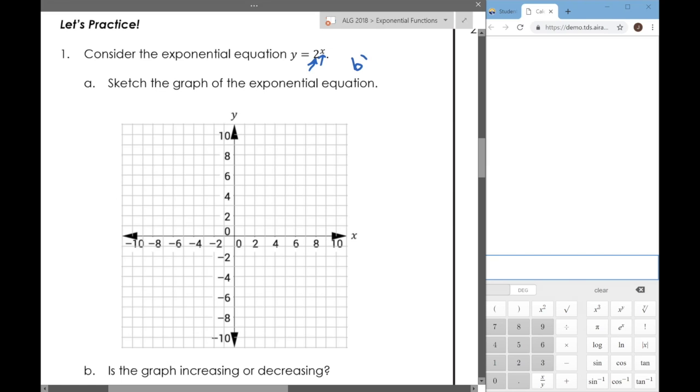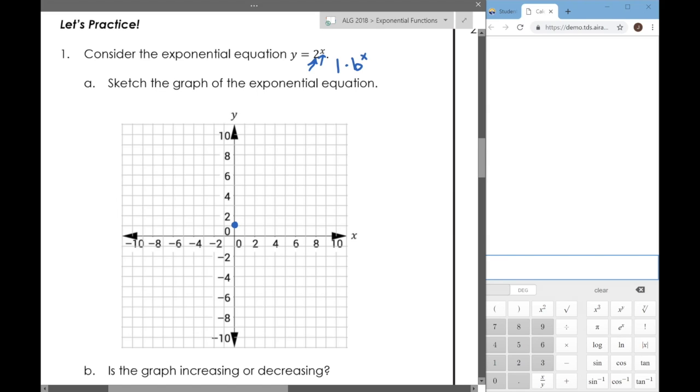So this is your b to the power of x. So the 2 is the b, and the x is the x. Therefore, is there an a? Well, yeah, there is a 1. And if there's no number, it's really just 1. So what is my y-intercept here? My y-intercept is 1.